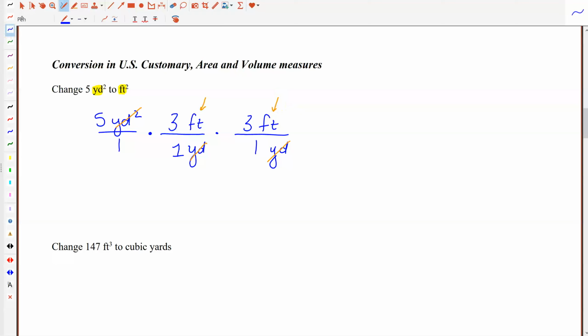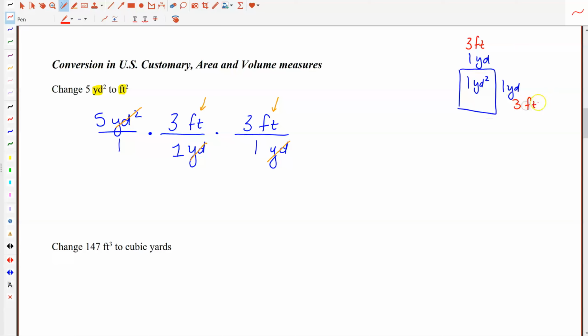To visualize what's going on, if I have a square, and that square is a 1 yard by 1 yard square, this thing's area would be 1 square yard. But remember, a yard is the same thing as 3 feet. So I could think about this as also being a 3 foot by 3 foot square.